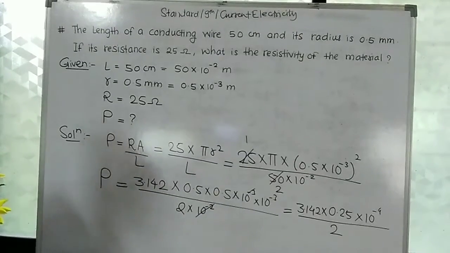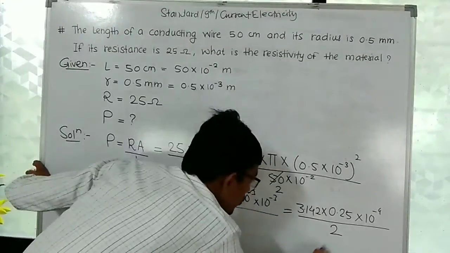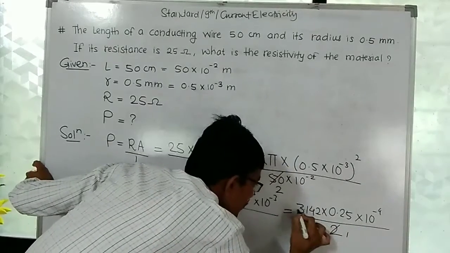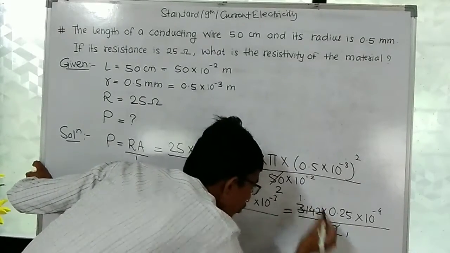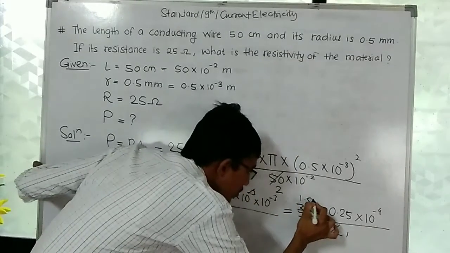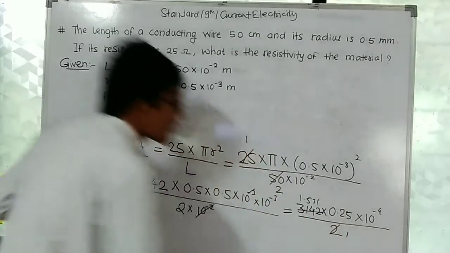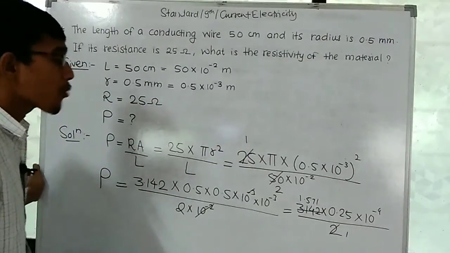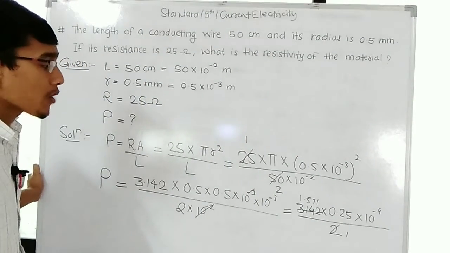So now we will divide 3.142 by 2, so we will get 2 ones are 2, 2 ones are 2, point, 2 fives are 10, 2 sevens are 14, and 2 ones are 2. So we have got 1.571 into 0.25.